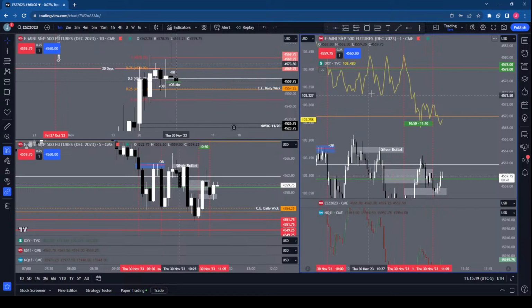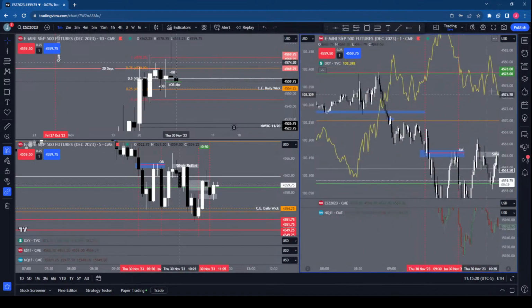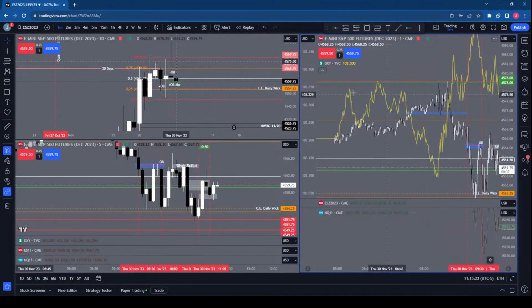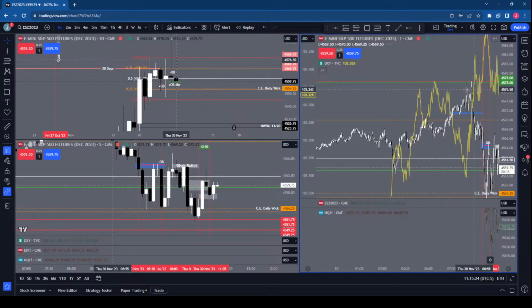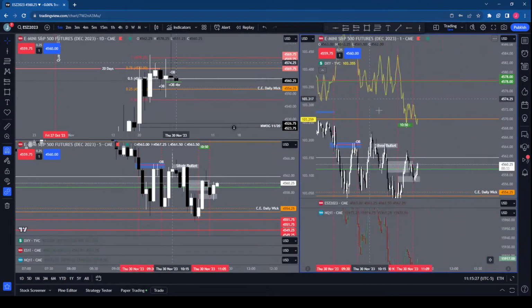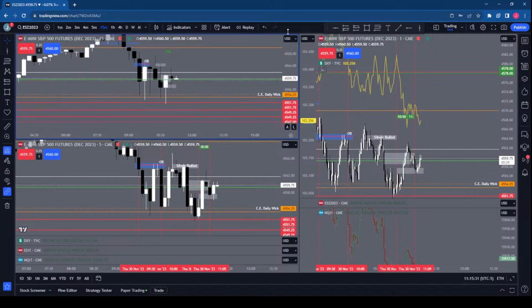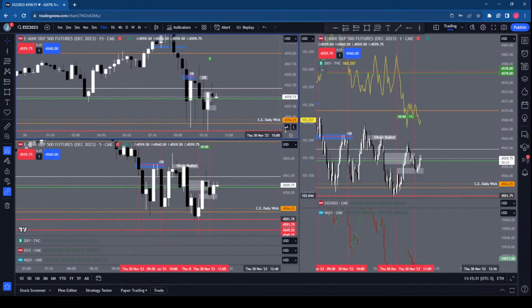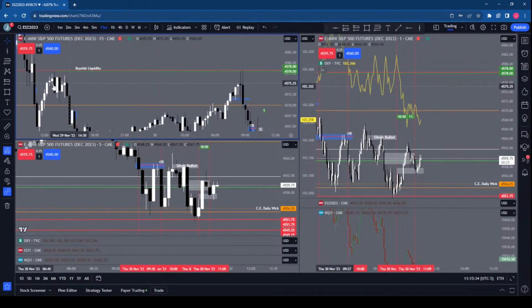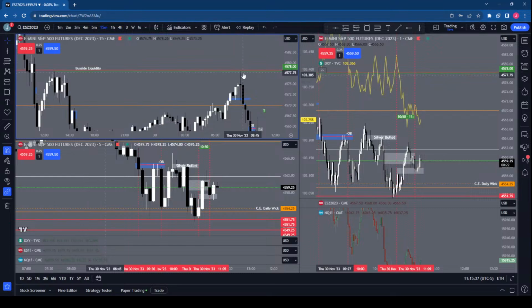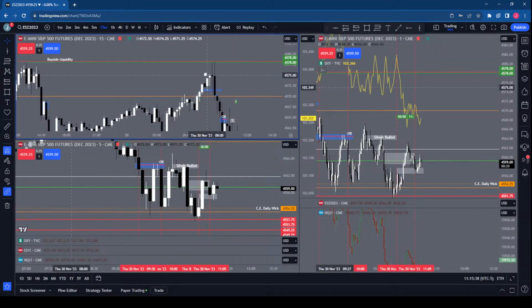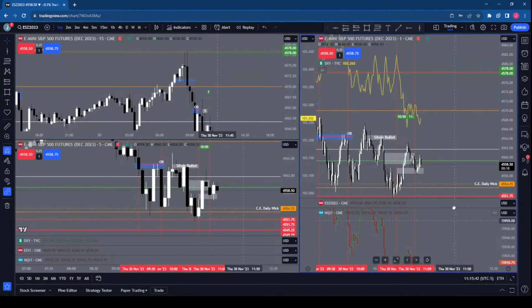I think it could really get up here. That's what I was targeting for our buy side, because we have these relatively equal highs. Let's see if I can show it on the 15 possibly. Yeah, so this high that we swept this morning, very nicely equal.